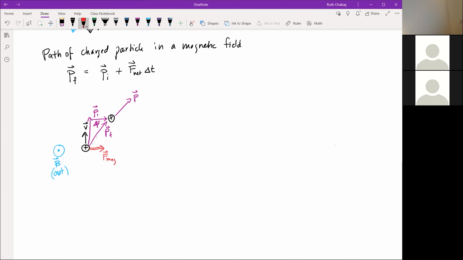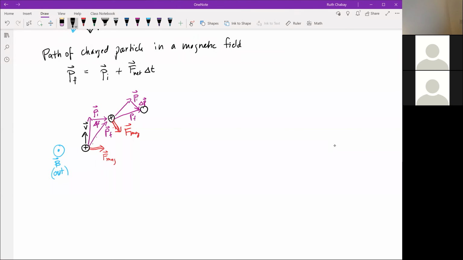But now we have a magnetic force that's perpendicular to both its momentum here and the magnetic field. So the magnetic force ends up now in this direction. That means the change of momentum is in the direction of the force, and we get a new momentum here. And you can see what's going to happen.